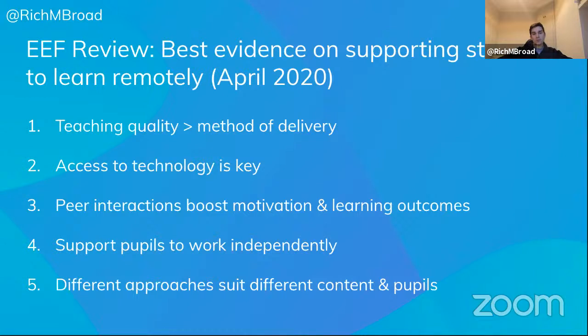Now, the review also talks about the importance of retrieval practice and says that self-quizzing can help students to retain knowledge and ideas, but it doesn't replace other forms of assessment. So it's important to still be assessing your pupils alongside the retrieval practice and self-quizzing that you're doing with your students.